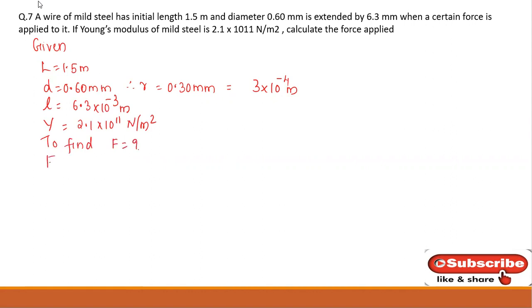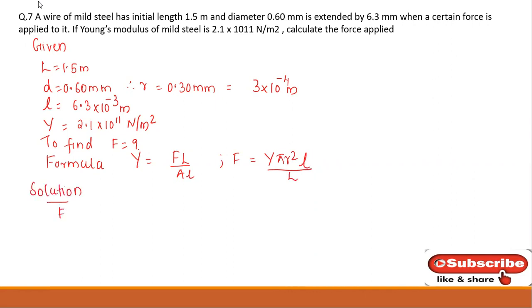We know that the formula for Young's modulus is Y is equal to FL upon AL. From this we can find out F. That is F is equal to YAL upon L, where A is pi r square into L upon capital L. On substituting the given values, we will get the solution.